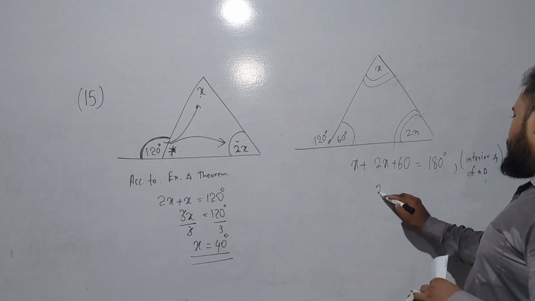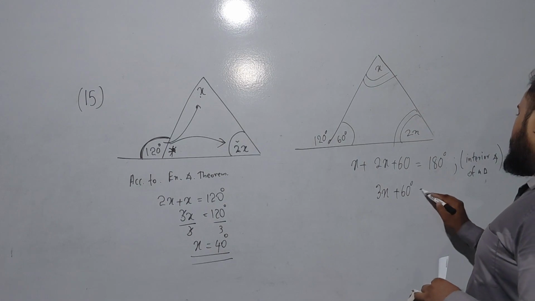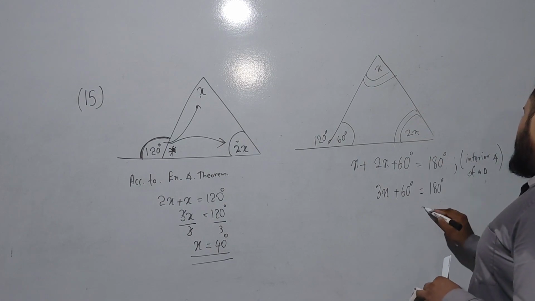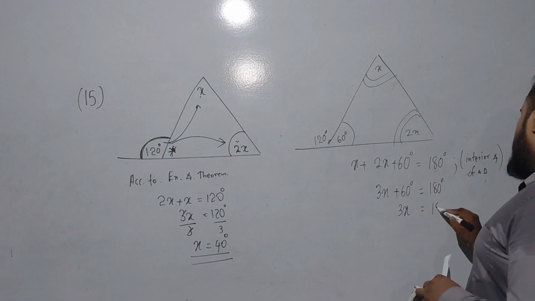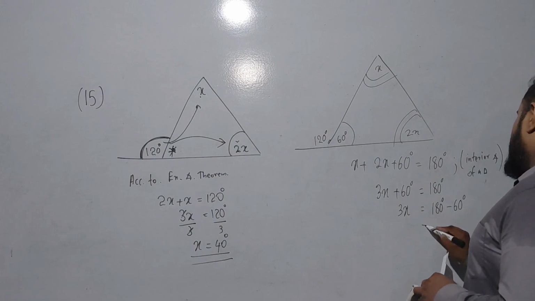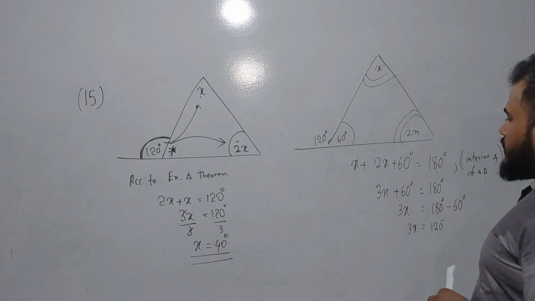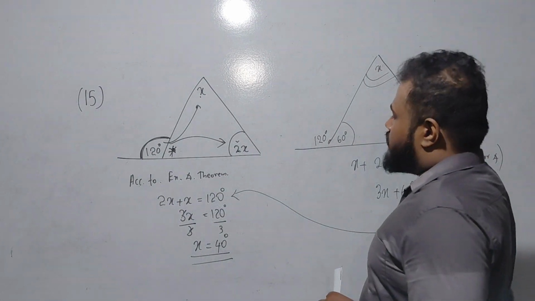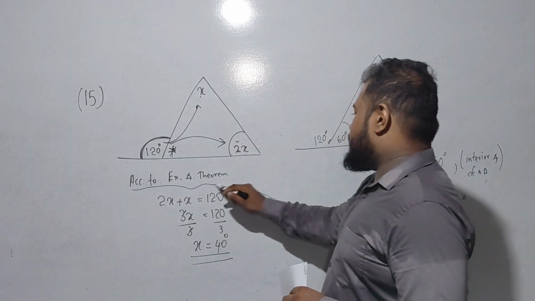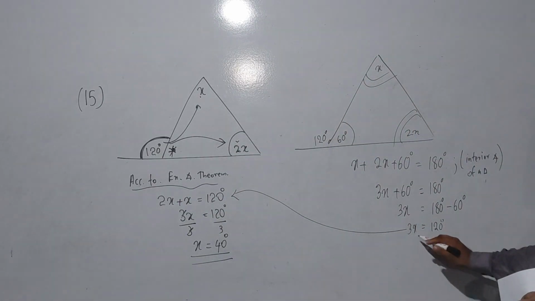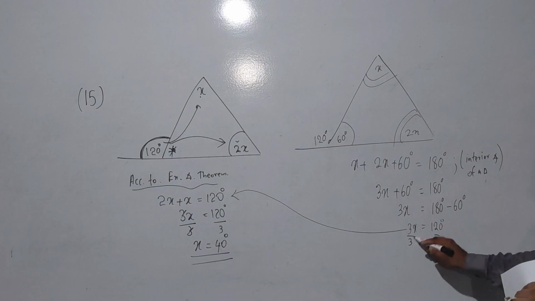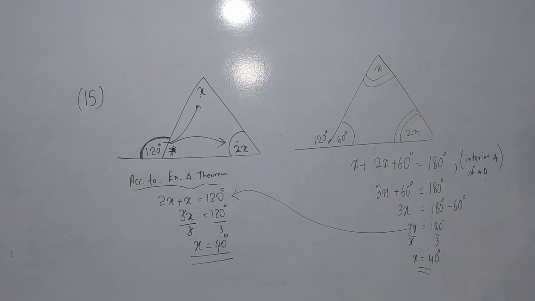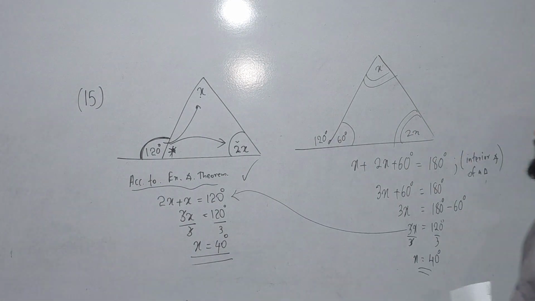X plus 2x is 3x. 3x plus 60 equals 180 degrees. 3x equals 180 degrees minus 60 degrees. 3x equals 120 degrees. Now we got 3x equals 120 here. So you can see we can use the exterior angle theorem easily. Then we can divide both sides by 3. Then you are getting x equals 40 degrees. Both methods are correct, but this method is easy.